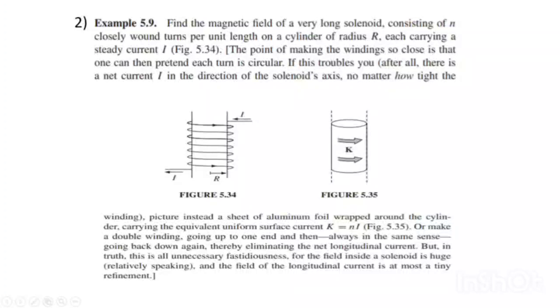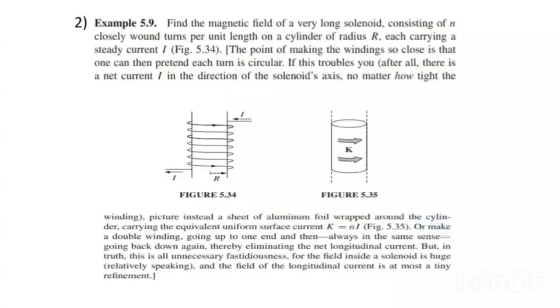The point of making the winding so close is that one can then pretend each turn is circular. If this troubles you, after all, there is a net current I in the direction of the solenoid's axis, no matter how tight the winding. Picture instead a sheet of aluminum foil wrapped around the cylinder carrying the equivalent uniform surface current K equal to nI, as in figure 5.35.